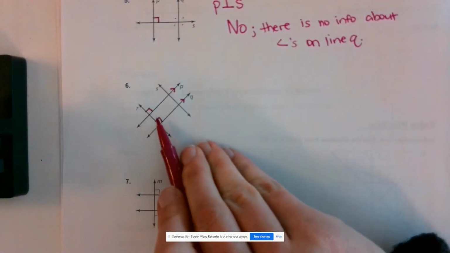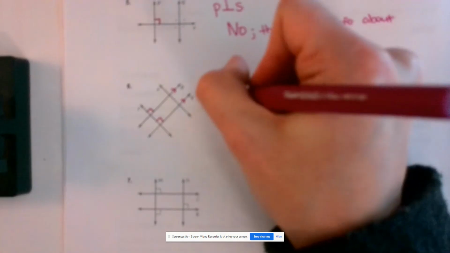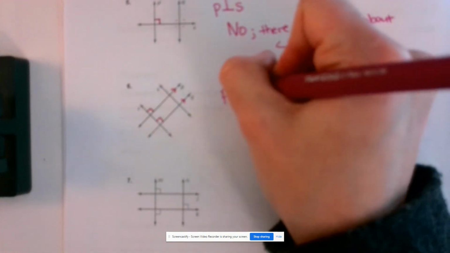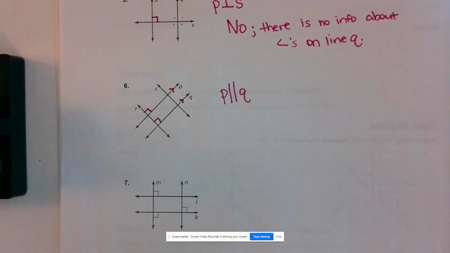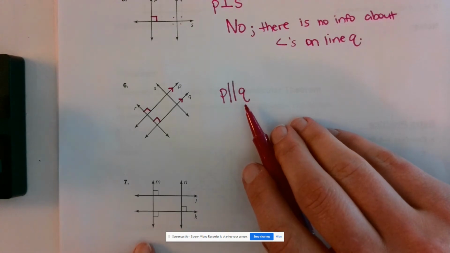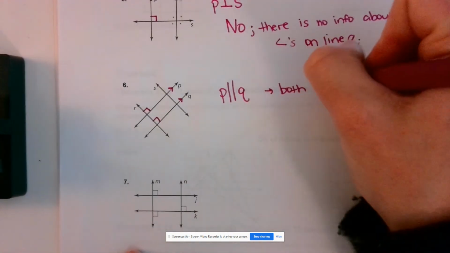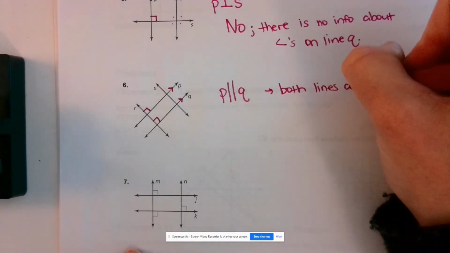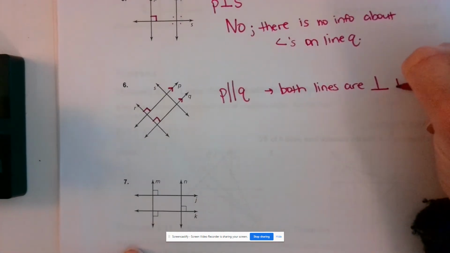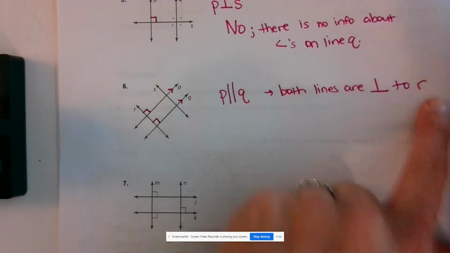So by looking at these two right angles, we know line P is parallel to line Q because both lines are perpendicular to line R.